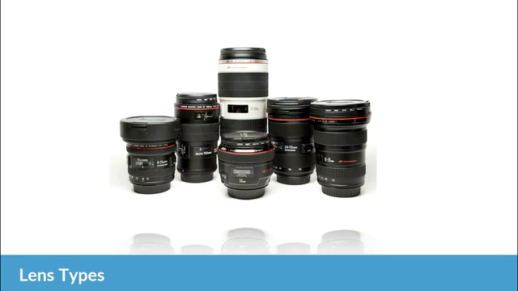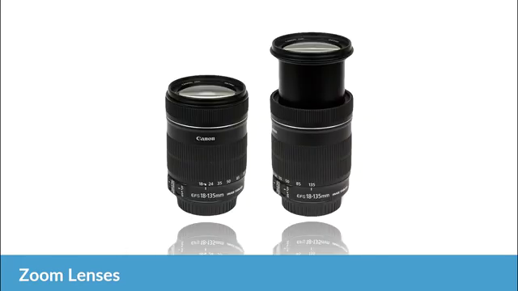I'm sure we've heard prime and fixed lenses before, and zoom lenses, and we'll have a look at the difference. A zoom lens is basically a lens with a variable focal length. First of all, what's a focal length? A focal length is the width or the zoom on the lens. On the slide here, we can see that we have an 18 to 135 millimeter lens.